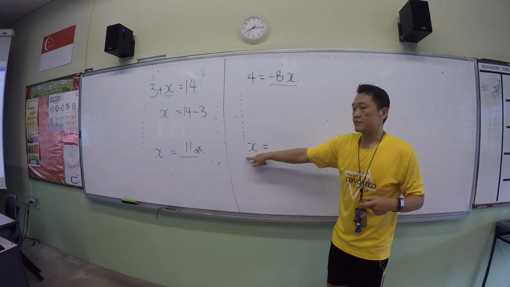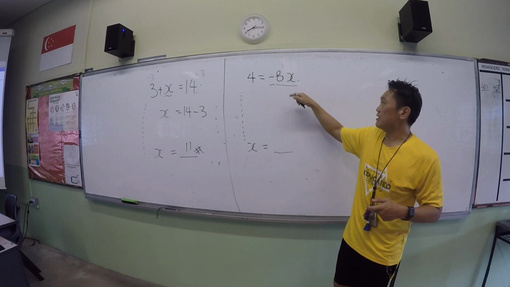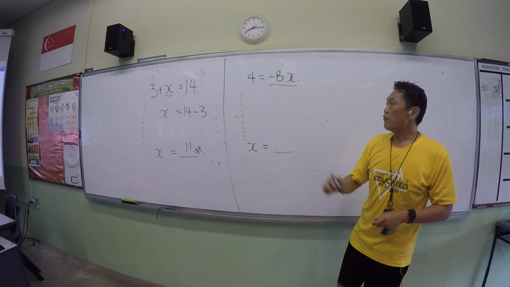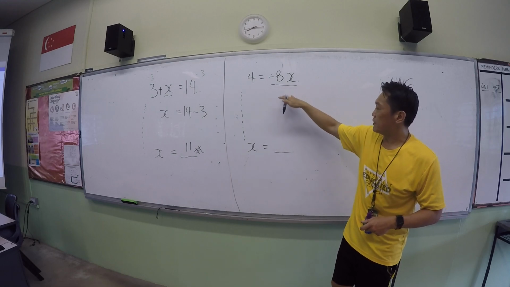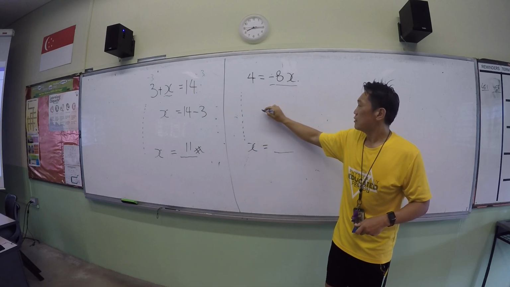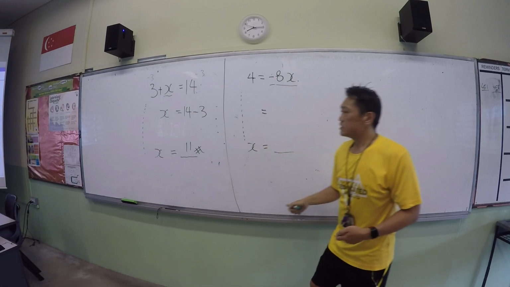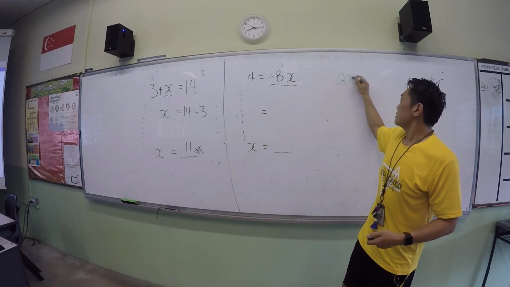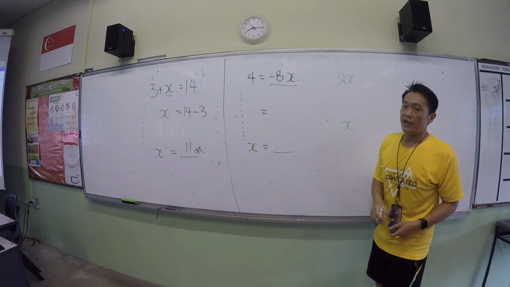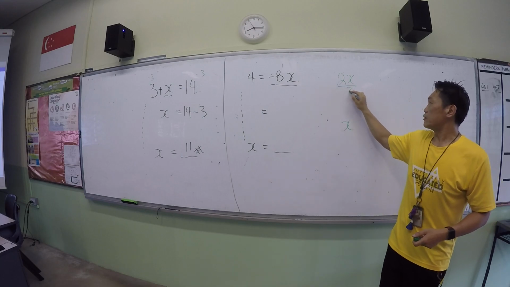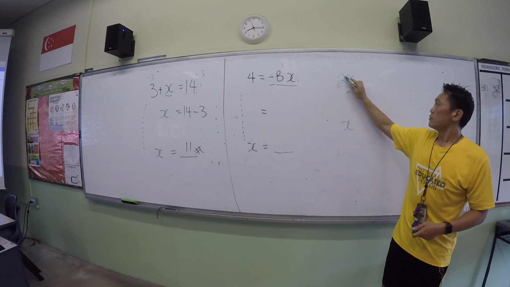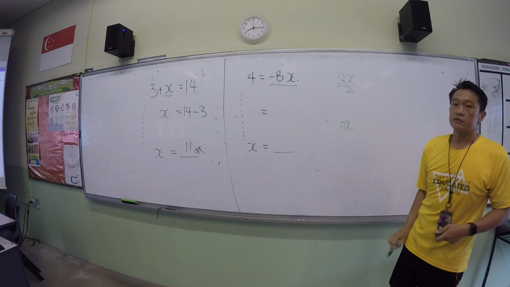Only one x. But now I have negative 8x. How can I go from negative 8x to only 1x? For the next step, just like if I have 2x, to go from 2x to 1x I need to divide 2x by 2. Then I will have 1x.